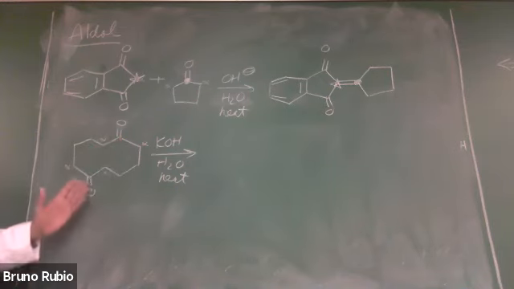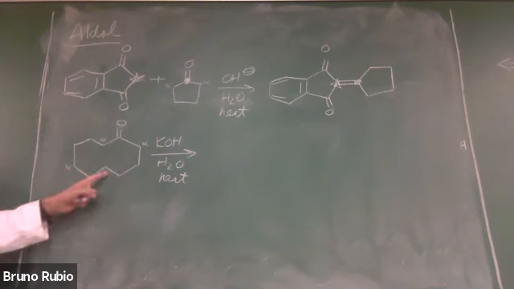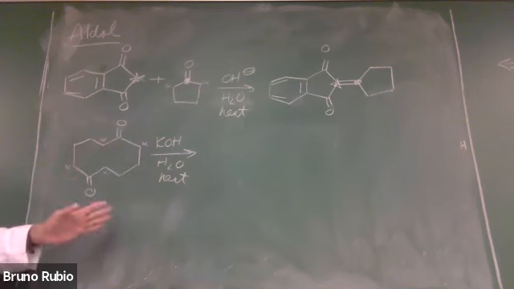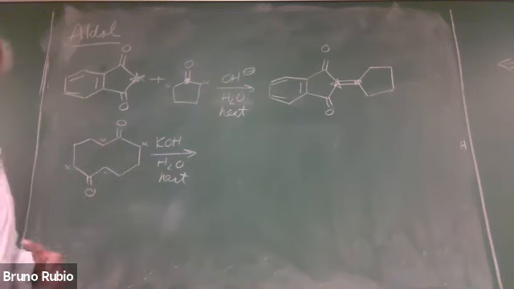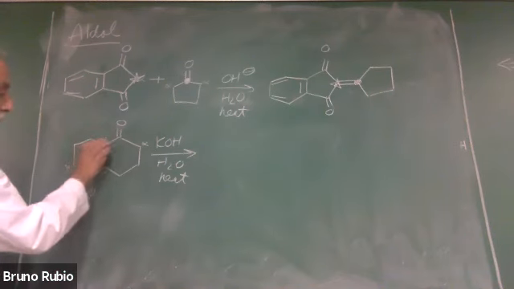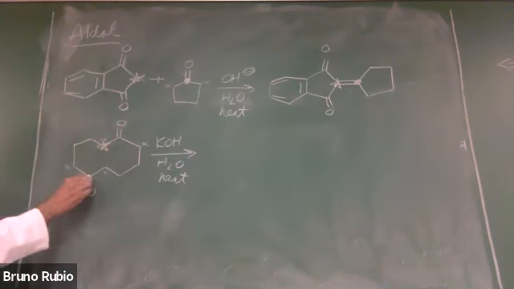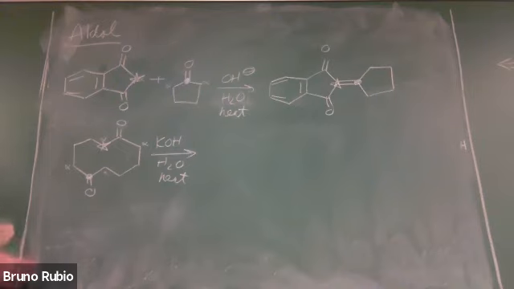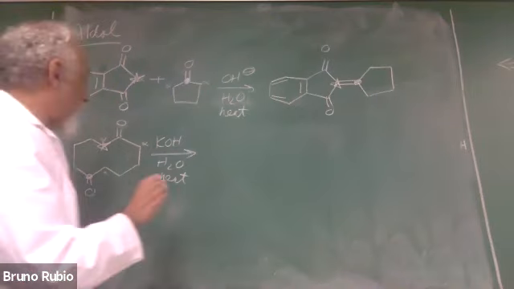It's hard to tell from the way I've drawn this, but actually all of these alpha carbons are equivalent. So which one is the star? Take your pick. It could be this one. Which one is the dot? It's going to be this carbonyl carbon. And so now I hook up the star and the dot, put in a new double bond in between.